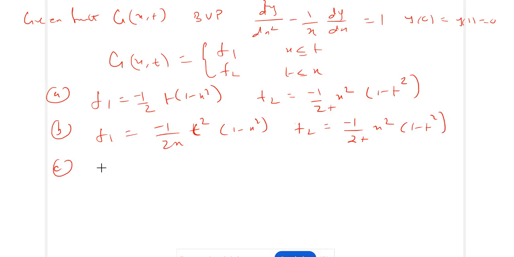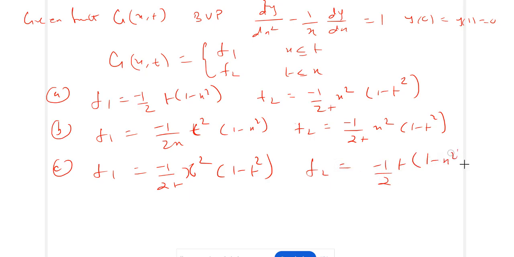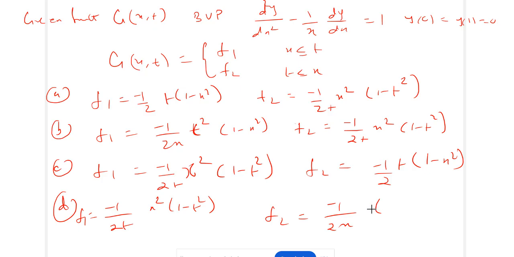Option C: f1 is minus 1 by 2t into x square into 1 minus t square and f2 is minus 1 by 2t into 1 minus x square. Option D: f1 is minus 1 by 2t x square into 1 minus t square, f2 is minus 1 by 2x t square into 1 minus x square.